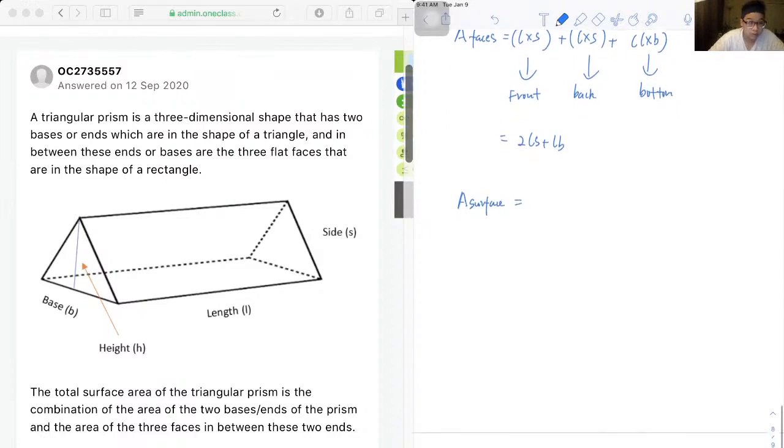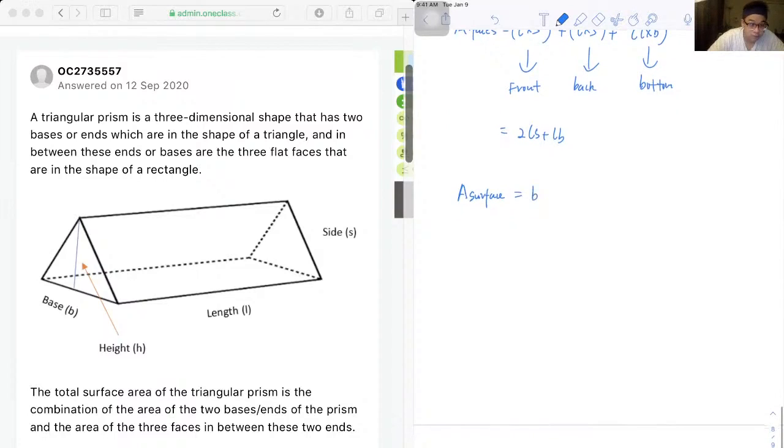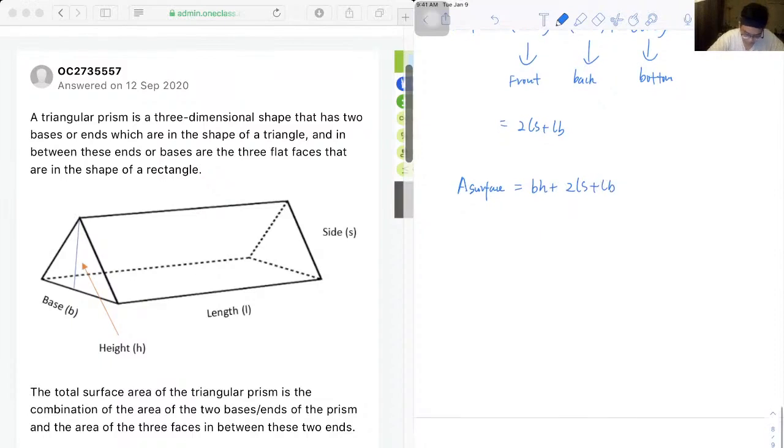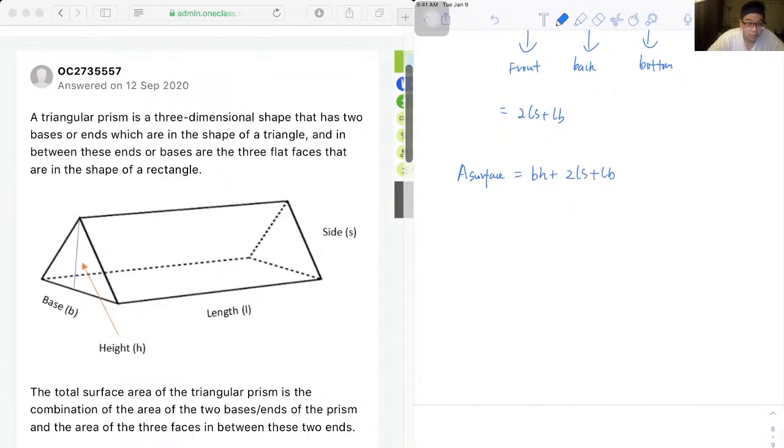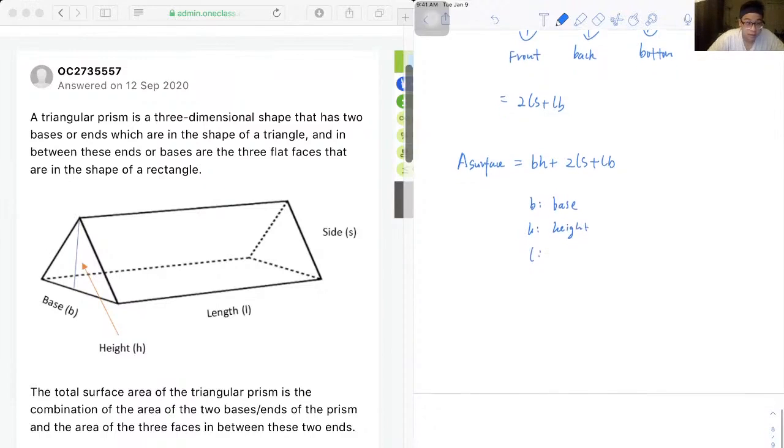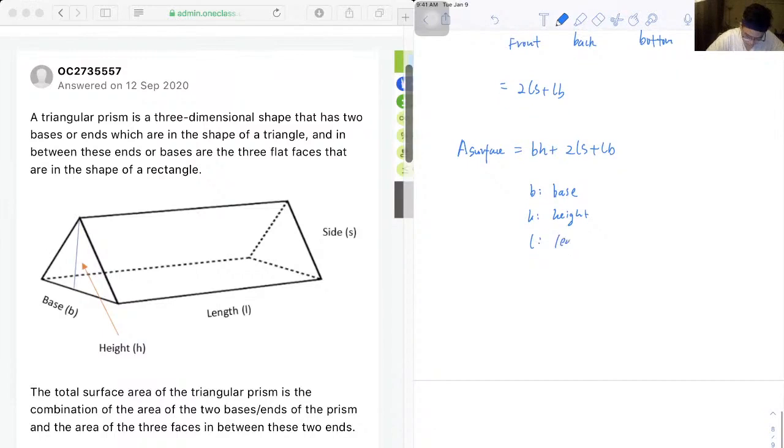So this should be BH plus 2LS plus LB, where B is the base, H is the height, L is the length, and S is the side.